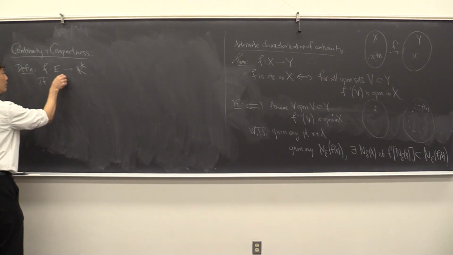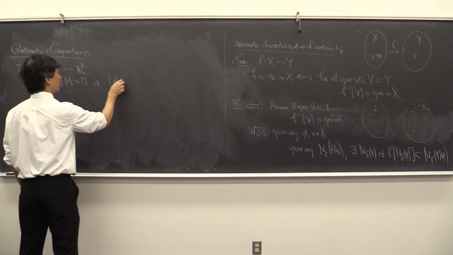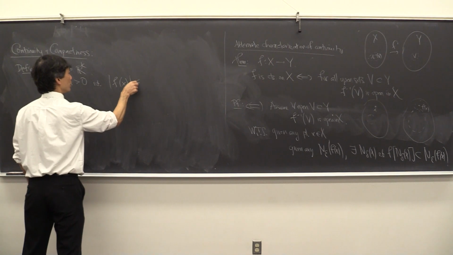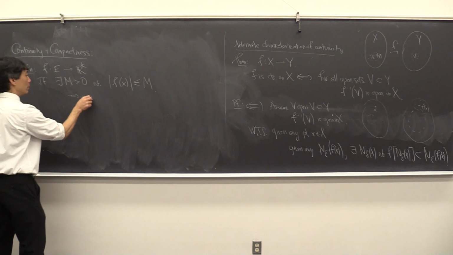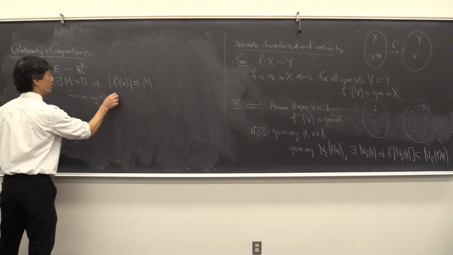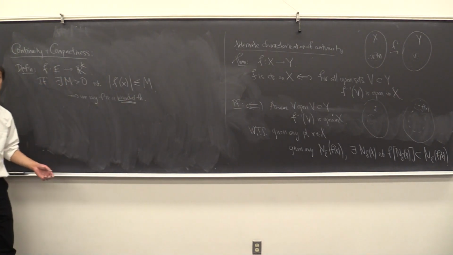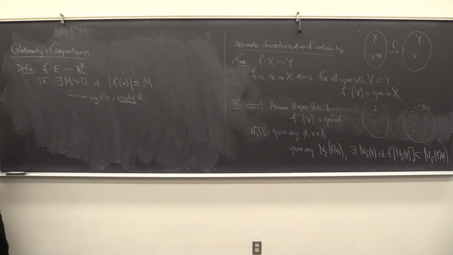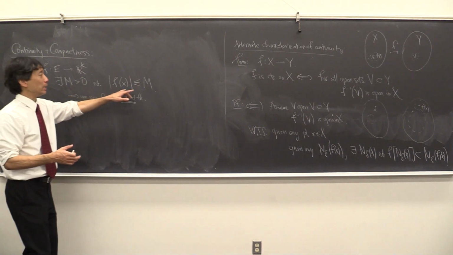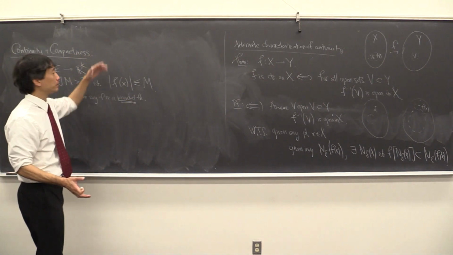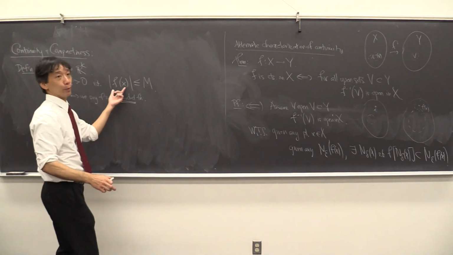If there exists some real number such that all the values of f are smaller than that real number, then we say f is a bounded function. This is a pretty simple idea. It just means that you don't head off towards infinity, that your outputs are contained in some neighborhood of the origin.